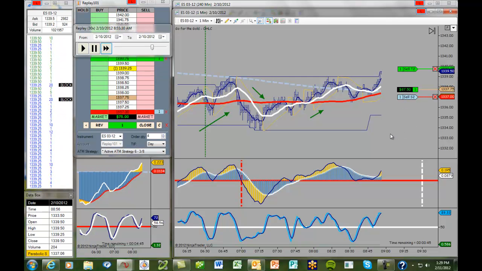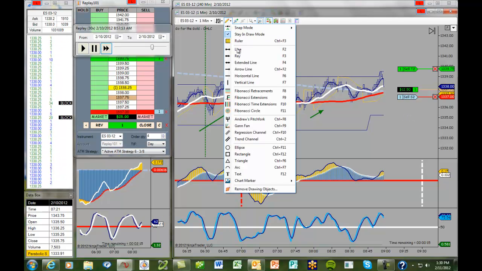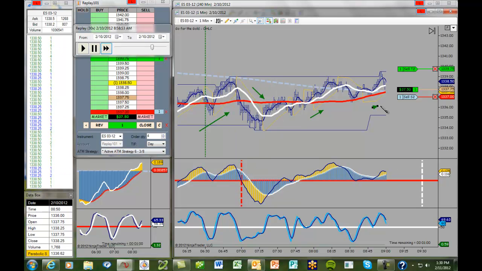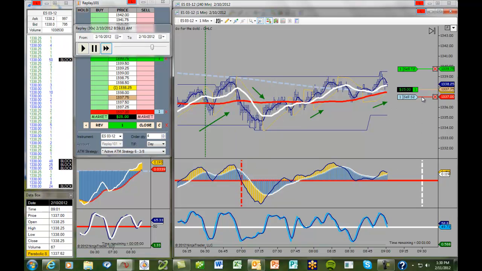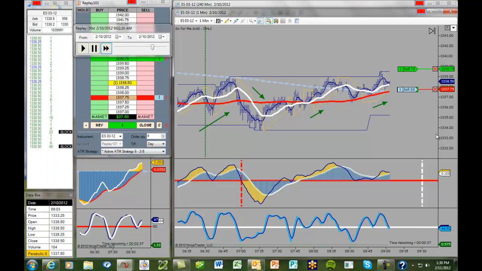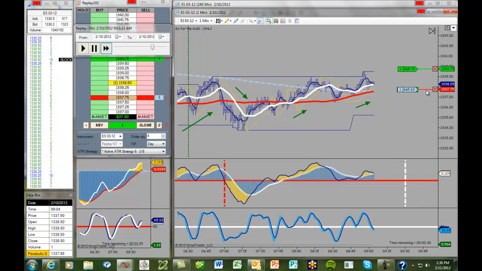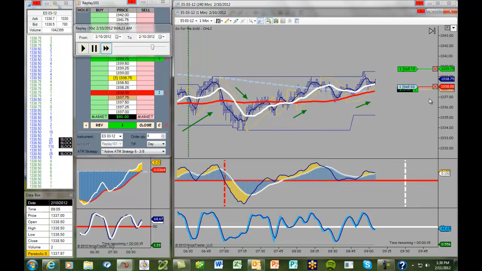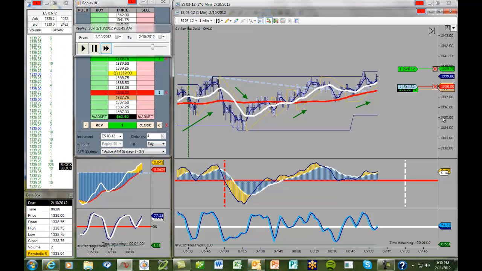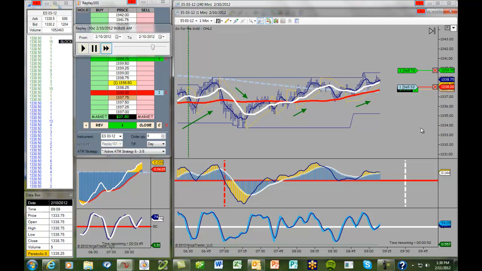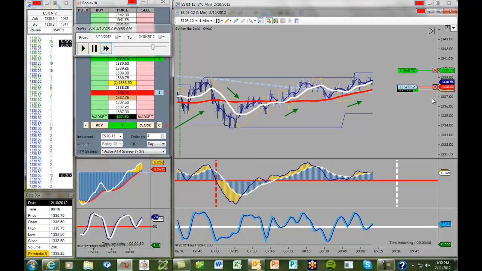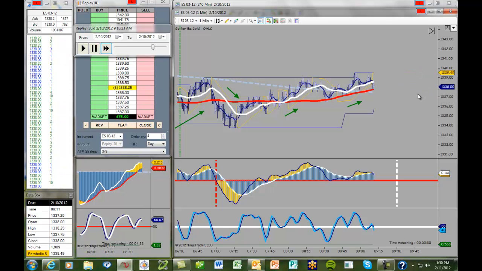Manually move it to the parabolic. Going to hit that second target. Looks like we might, but maybe not. Well, stopped out again, but we're up to 675 now.